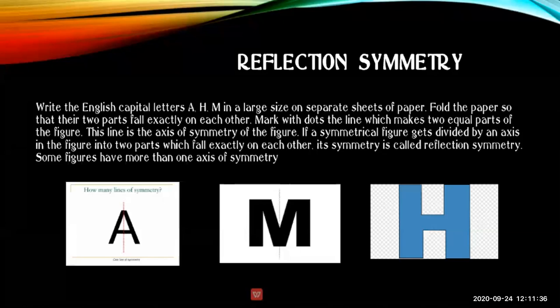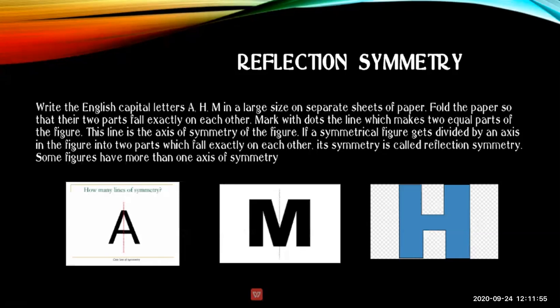We will take more examples of alphabets when we start our practice set. Some alphabets have more than one axis, two axes, three axes, and some alphabets do not have an axis at all.